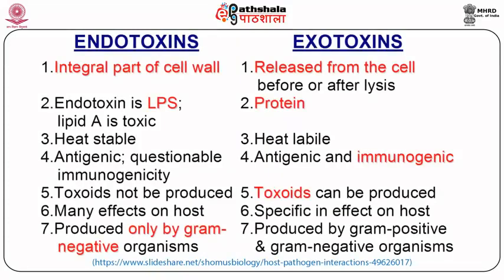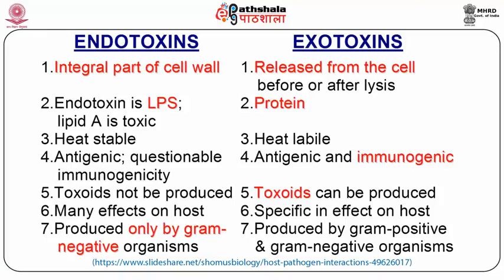So how can we differentiate endotoxins from exotoxins? As the name indicates, exo means outside, endo means inside. Endotoxins are an integral part of the cell wall and are only released after death of the bacteria, whereas exotoxins are released from the bacterial cell when it is multiplying.